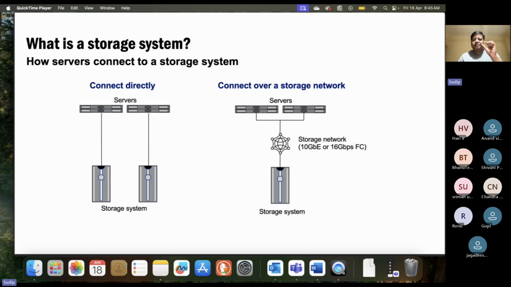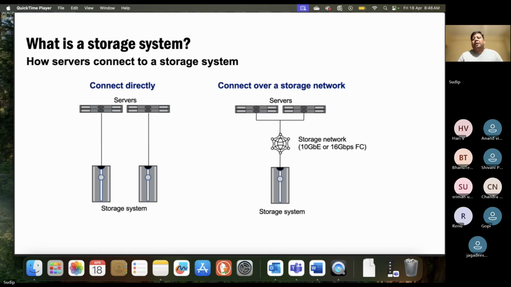Each single network port and the cable attached to it can transfer 800 gigabits per second. Can you believe it? 800 gigabits per second. That's the data transfer speed that you can achieve in Ethernet today.